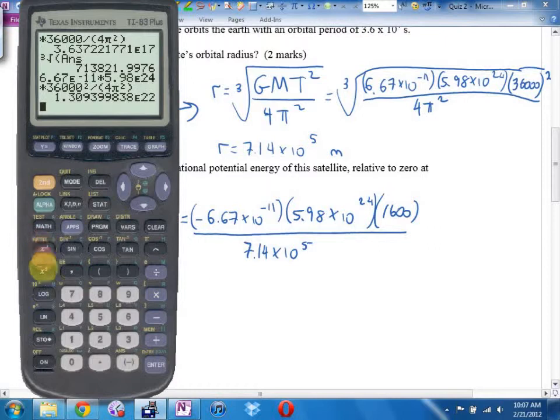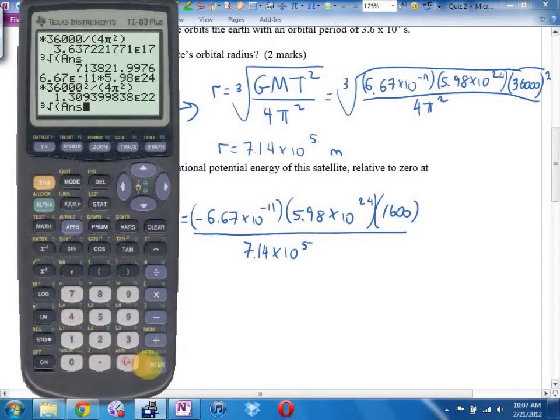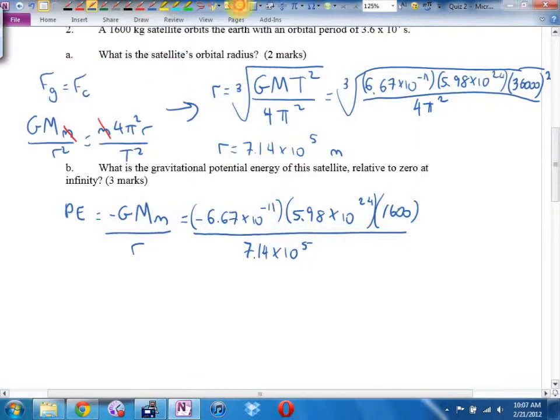Somebody tell me when I say, okay, that, and then cube root this. You get this, 2.357, times 10 to the 7. Oh, thank you, I did make up good numbers. 2.36, I guess, times 10 to the 7.